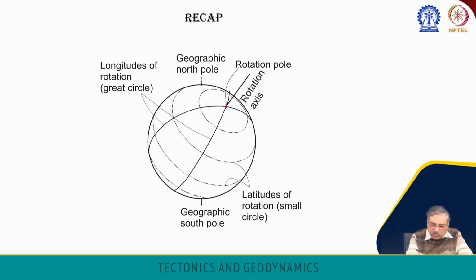So, this would be my rotation axis. Although this is the geographic north pole, if any object moves on the surface of the earth, it can be modeled as a rotation about this particular axis here. Assuming that this is a positive one, any movement that takes place would take place along the arcs of small circles about this imaginary axis of rotation.